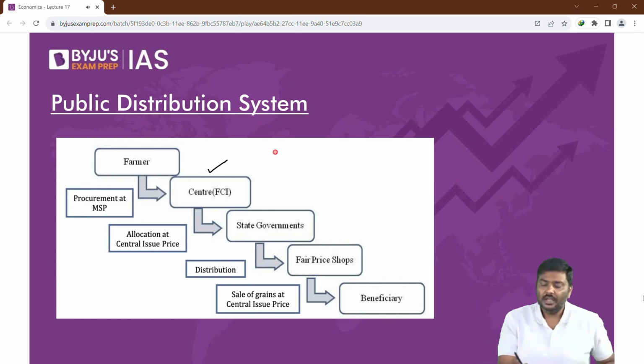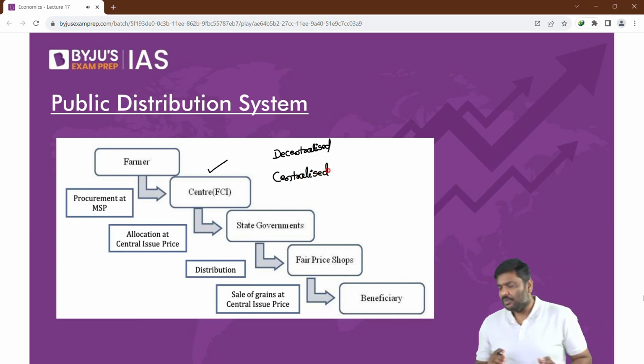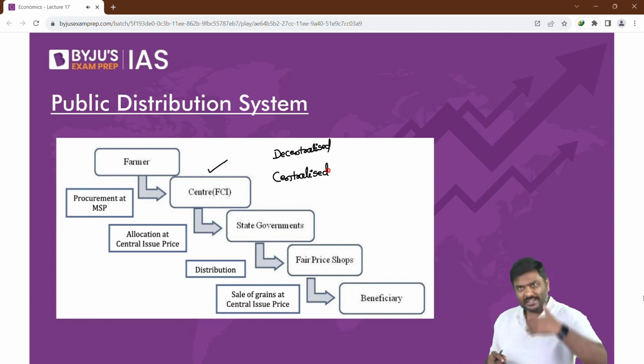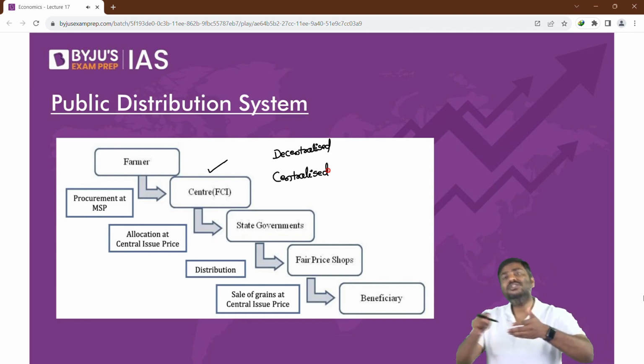And when I say procurement here, there are two types of procurement which are done. Please follow this carefully. One is called decentralized procurement, and the other is called centralized procurement. What do you mean by centralized?